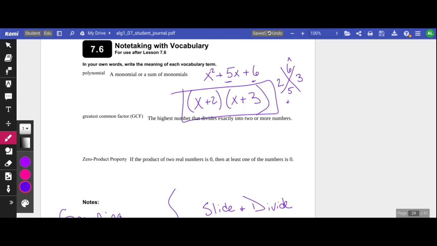The problems that we're going to be doing today, we're not going to be looking at anything that just has this x squared term in the front. We're going to be looking at this very specific type of trinomial, where the a, I talked about this a little bit last week, we call this ax squared plus bx plus c.